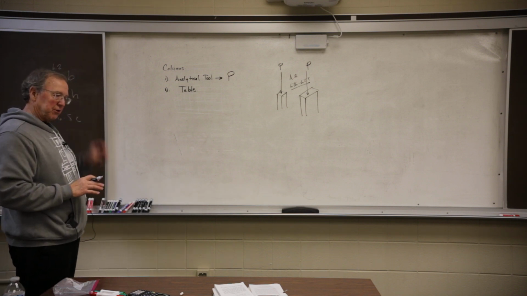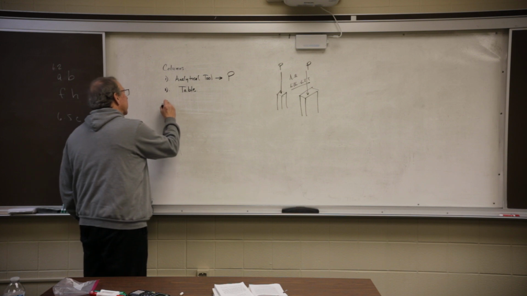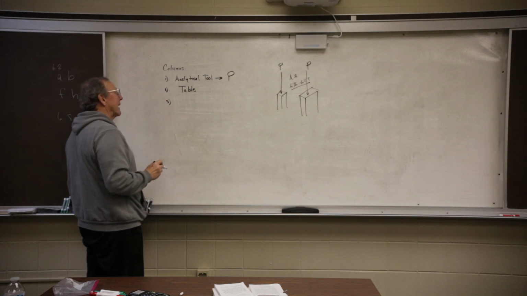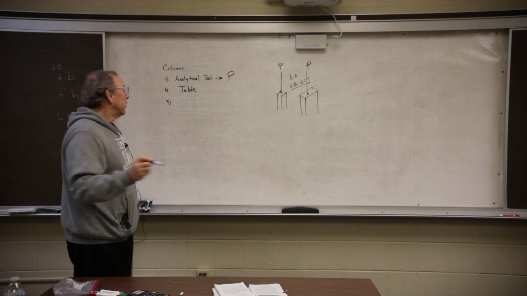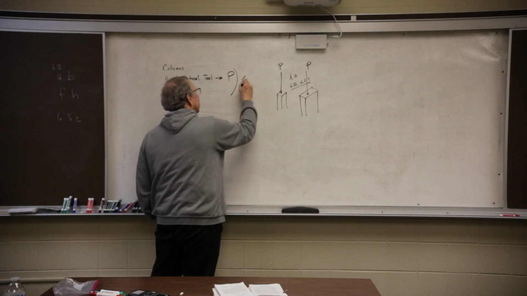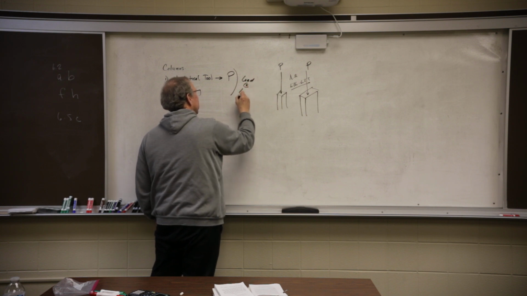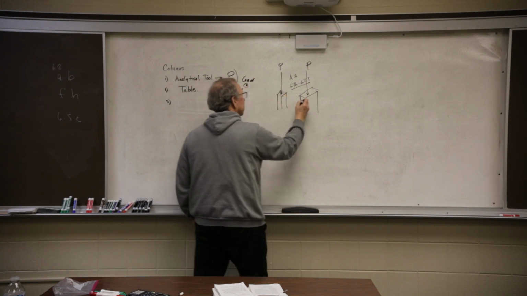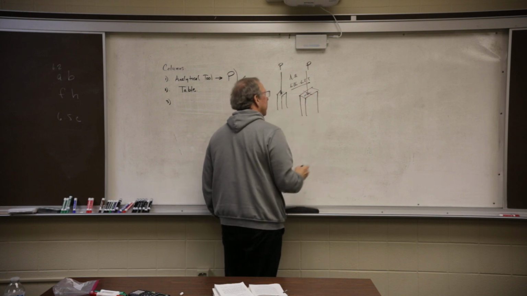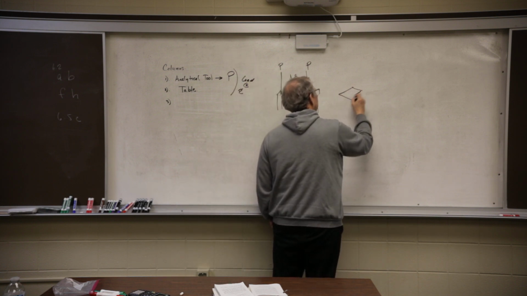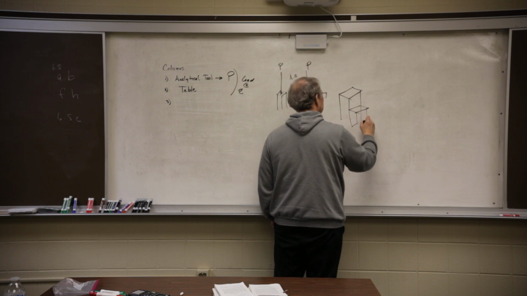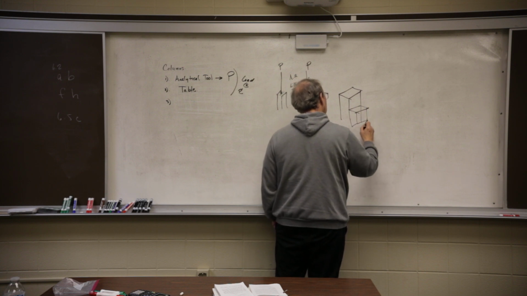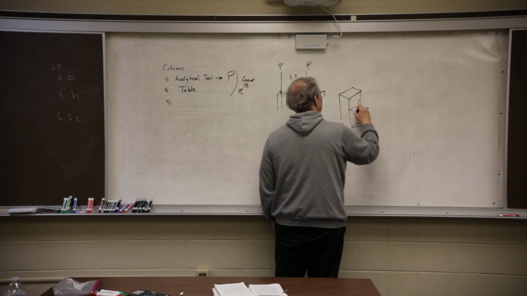So we have tables we can use, and then third, we've got an analytical tool where the load is not on the center. In both of these the load is on the center line. It's going to go right dead center. The other one is a load that is not on center. So let's say I have a little haunch or something on this beam, and I put the load out here.